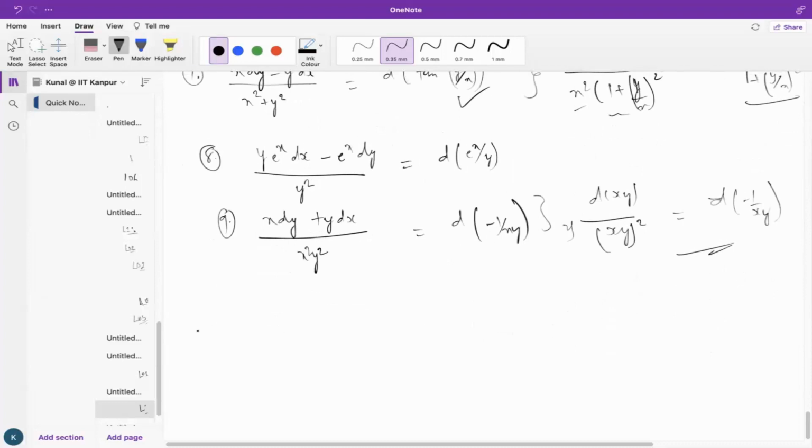Okay, so let's try to do some problem here. First, solve the following differential equation.